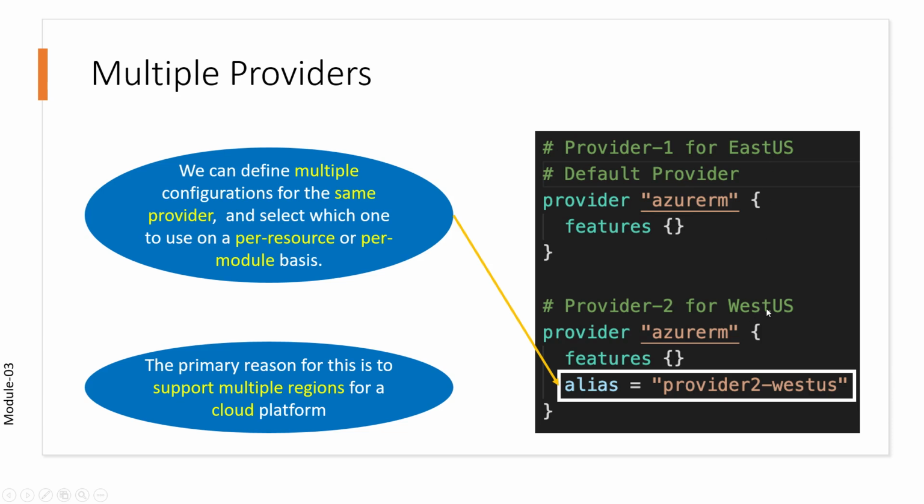So you are going to create two different resource groups at the same time, but the location of the resource groups would be different. In our case, resource group 1 should be in East US, and resource group 2 should be created in West US.